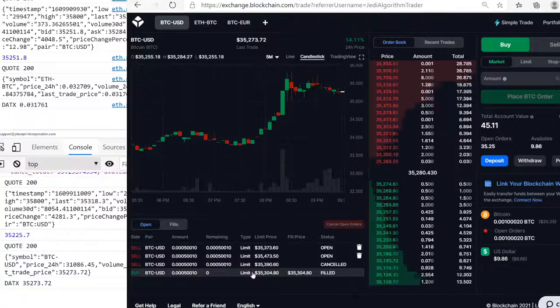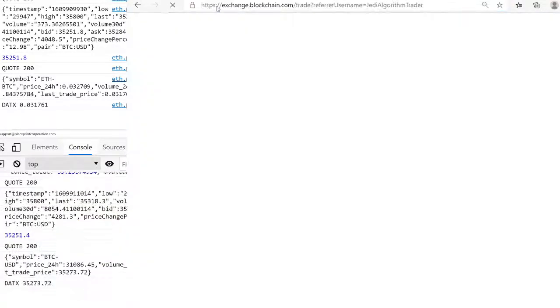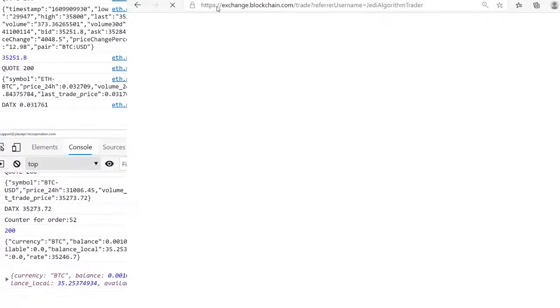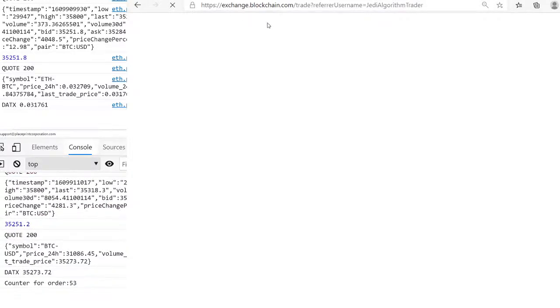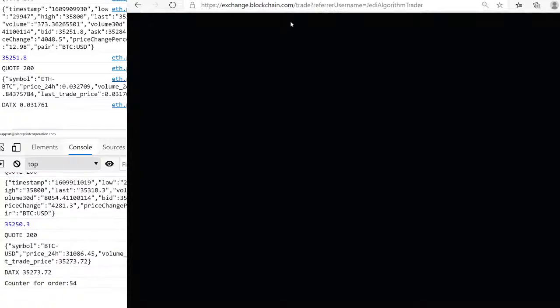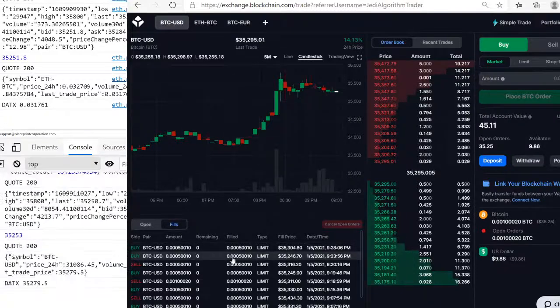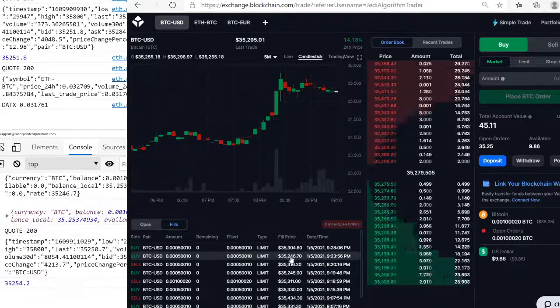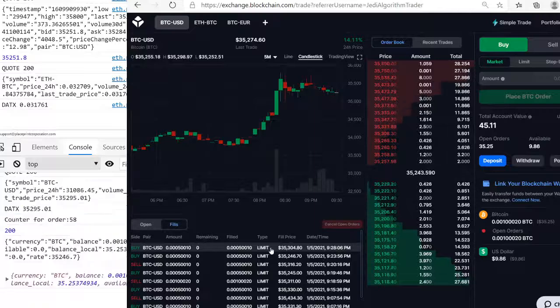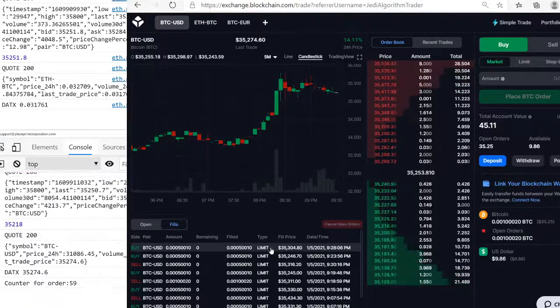We bought them at, what's going on? Why are we getting so much noise? Let me see. We've got 0.0010. The fills, we just bought them twice. We bought them at 35,246 and we bought them again at 35,304.8. So we actually did scale up.